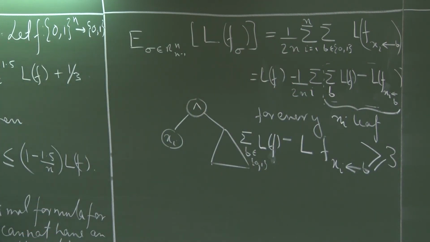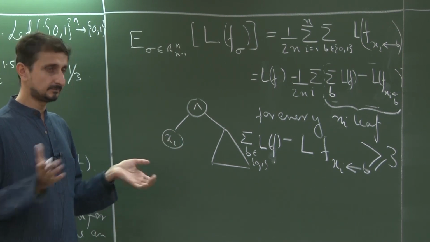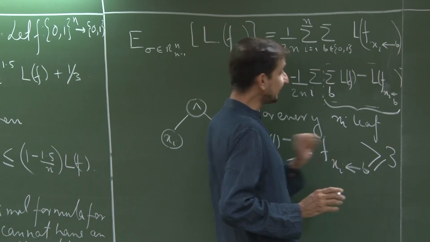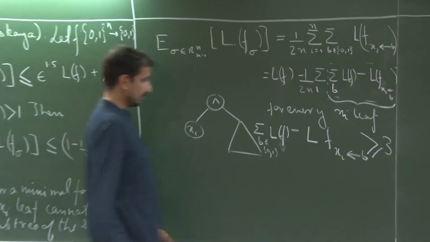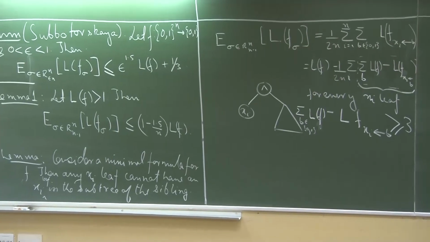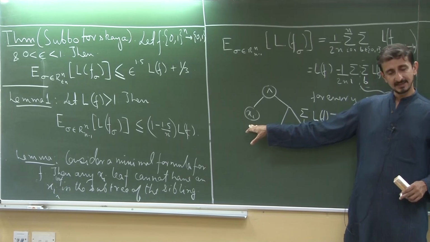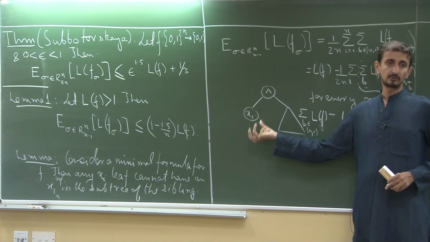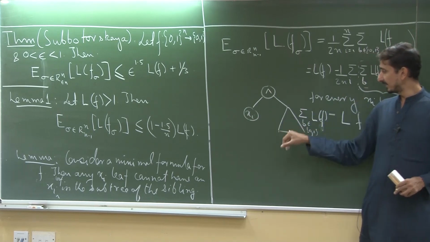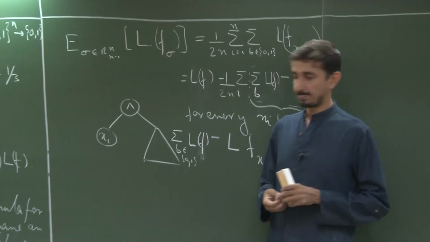At least 3 leaves would get removed, and this is what gives us this 1.5 kind of a thing. For one value of xi, only that leaf will be removed, and for the other value of xi, some leaf over here and some leaf over here, total 3.